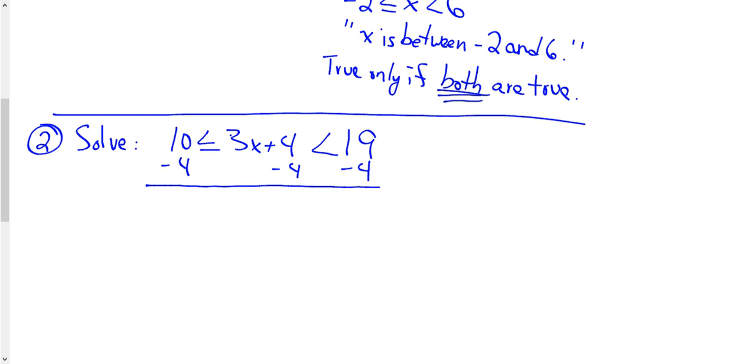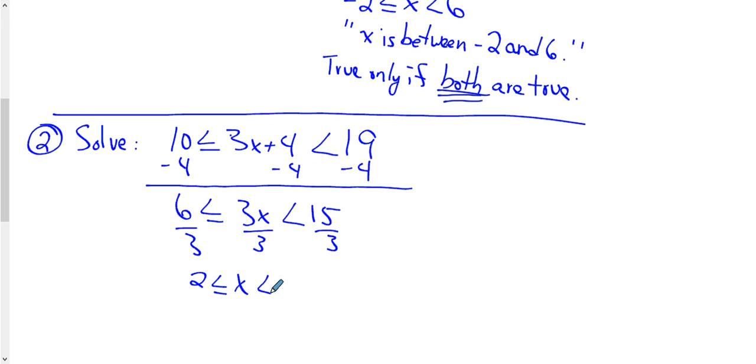See what I did? So what do we get? 6 less than or equal to 3x less than 15. You with me? And then divide by 3 every part of this. So you get 2 less than or equal to x less than 5. In other words, x is between 2 and 5.